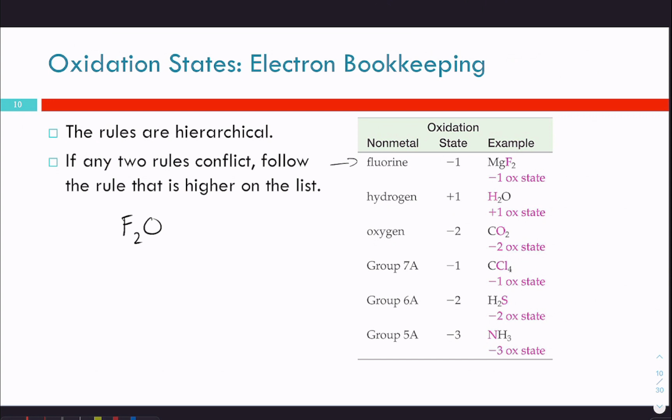So we start with fluorine, and we say, okay, fluorine in this case, highest priority, has a -1 oxidation state, and there's 2 of those, plus some oxidation state for oxygen has to equal 0. So in this case, because we have a compound of fluorine and oxygen, oxygen here has a +2 oxidation state, which is different from this table, only because it's combined with fluorine, and fluorine's oxidation state has a higher priority.